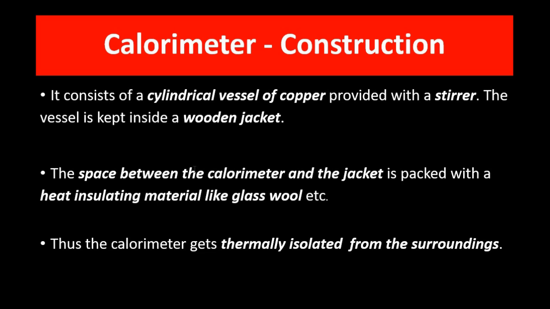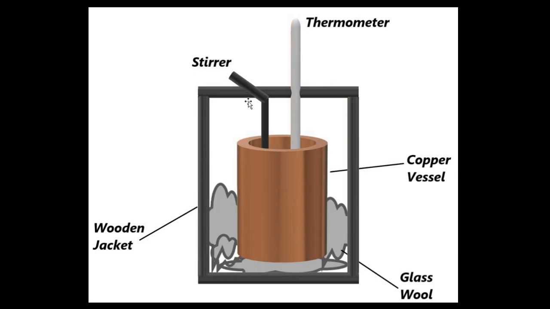The space between the calorimeter and the jacket is again provided with some extra heat insulating material like glass wool, so that another extra layer of protection for thermal insulation is provided. This is the way the calorimeter gets thermally isolated from the surroundings. So this is the basic design.